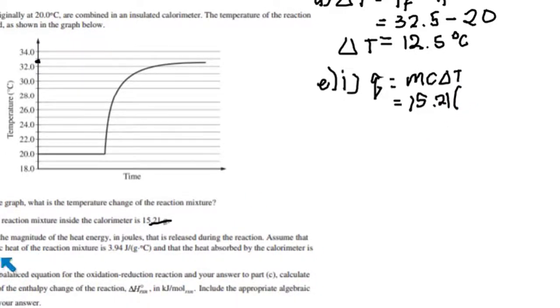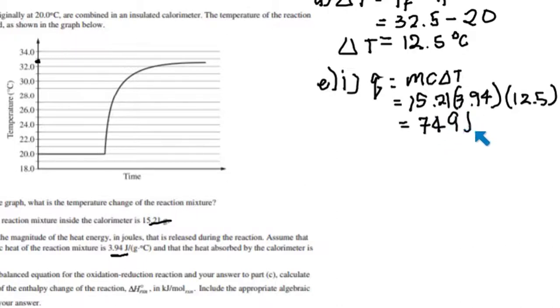C is your specific heat capacity, which is given as well. That's 3.94. And your change in temperature you just worked out is 12.5. Okay, and plug that in and you get 749 joules. So energy is in joules.